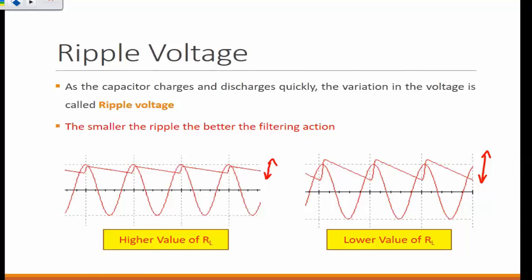But the actual design practice is raising the capacitor, not the resistor. Again, the smaller the ripple, the better the filtering action, which can happen with a larger value of capacitor.